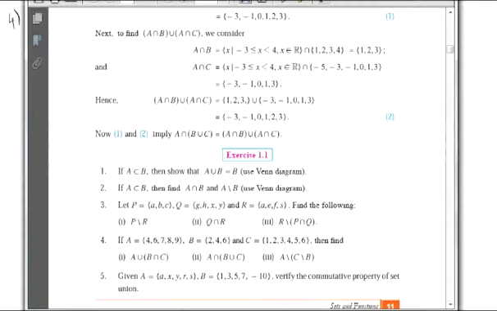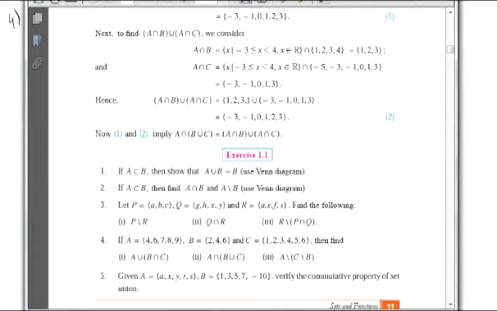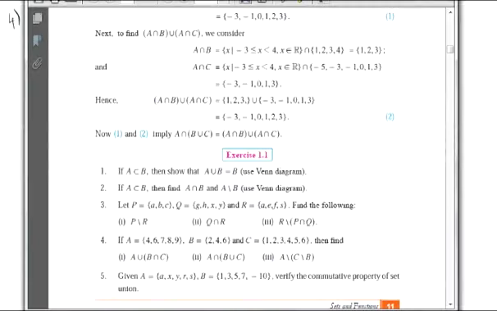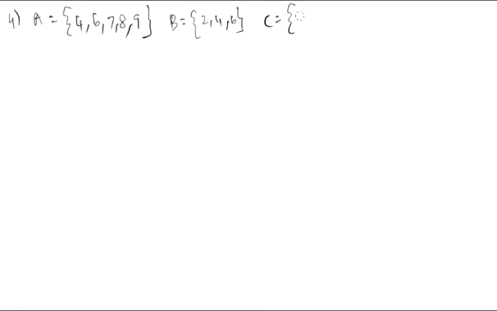A is 4, 6, 7, 8, 9. B is 2, 4, 6. C is 1, 2, 3, 4, 5, 6.